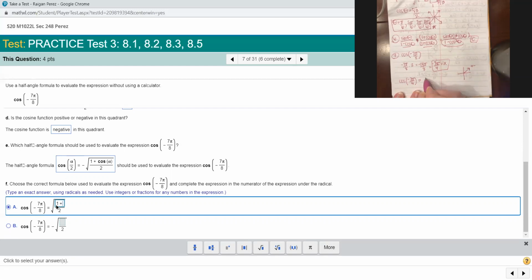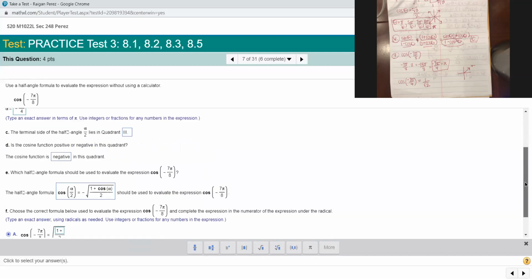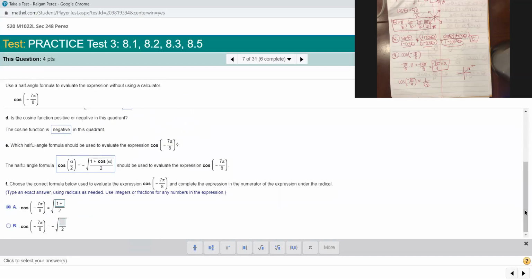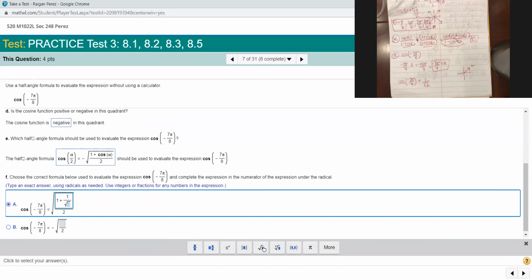And cosine of that is 1 over square root of 2. But I think I did this wrong up here. Hang on. My half angle is negative 7 pi over 8. So the terminal, I did it as if it was positive 7. It's actually in quadrant 3. But cosine is still negative, so that only changed that one part. So there we go. 1 divided by square root of 2.